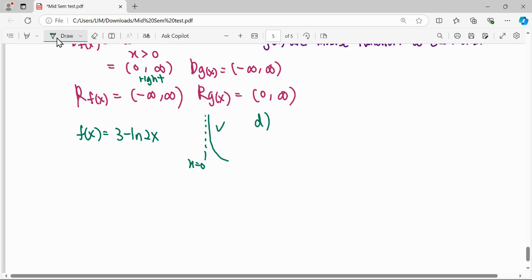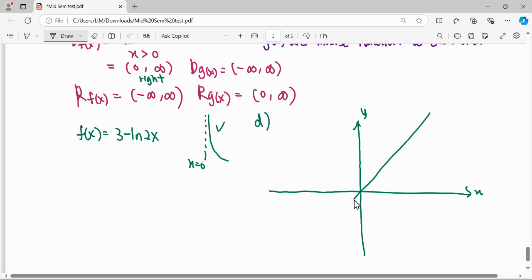Make sure you set up your graph precisely and accurately: y-axis and then x-axis. Don't forget your 45 degree line of reflection, y equals x. When I draw f(x), later we need to reflect to get g(x), because g(x) is the inverse function of f(x).